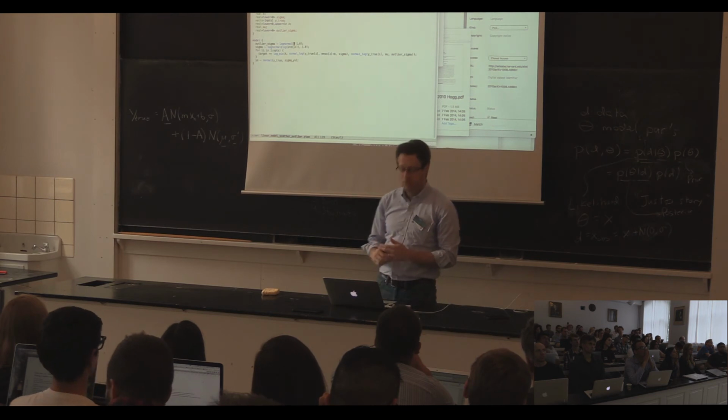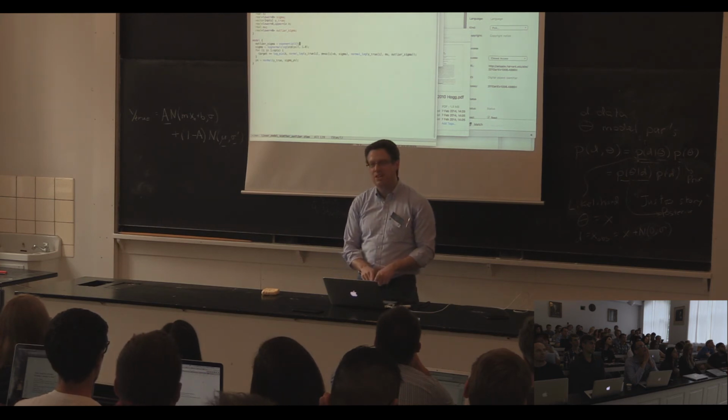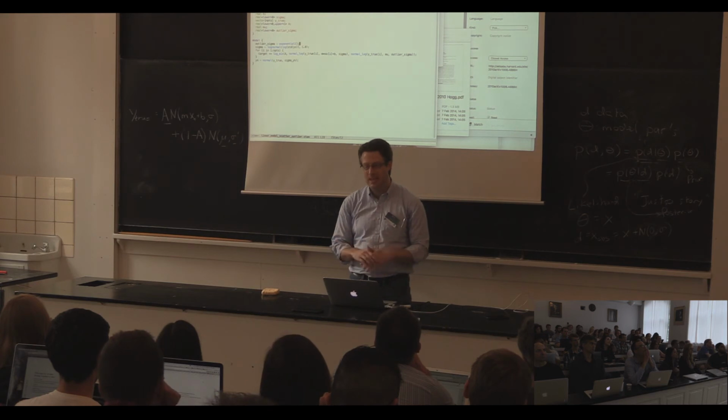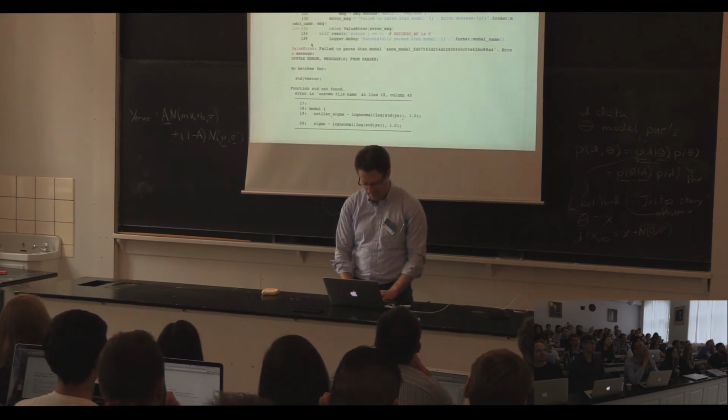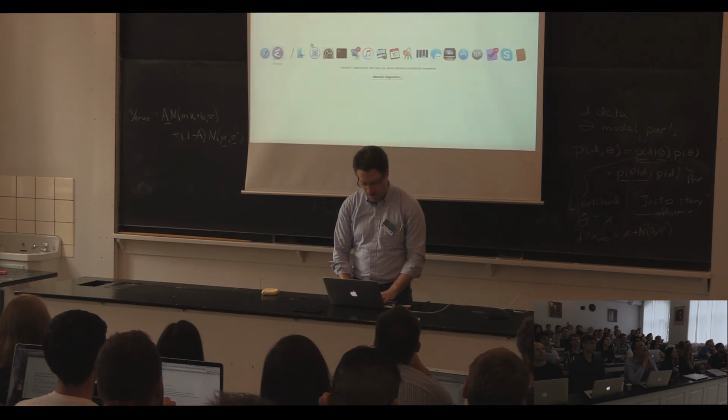Stan has an exponential distribution as well. Let's do that. Problem is I need to look up the exponential. I don't know whether this is the rate constant or the inverse rate constant. So let's see. Oh, no, I did this.